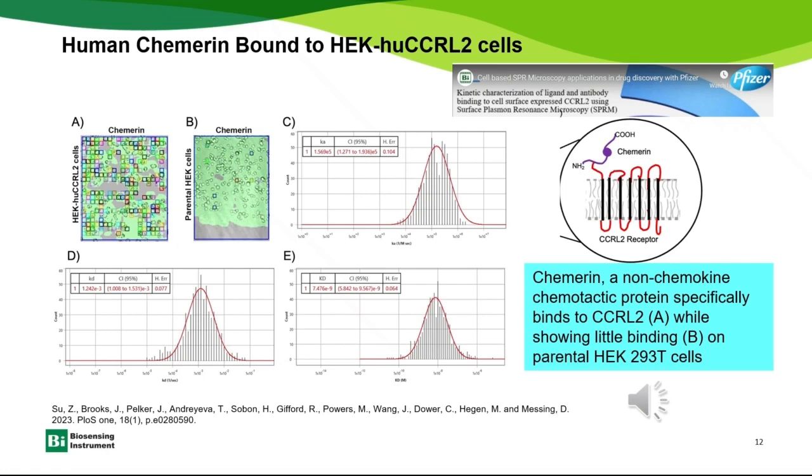The experiment shows specific binding to the CCRL2 receptor, and shows there's very little binding on the parental cells, which is a negative cell. The measured affinity between the chemerin and the receptor is about 7.5 nanomolar.